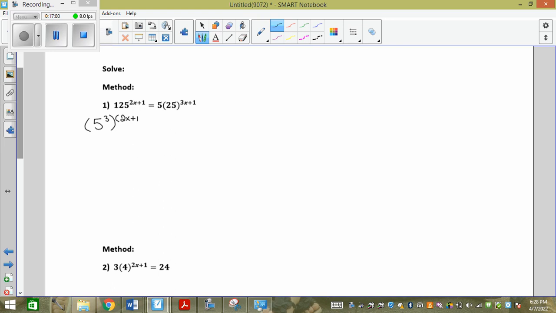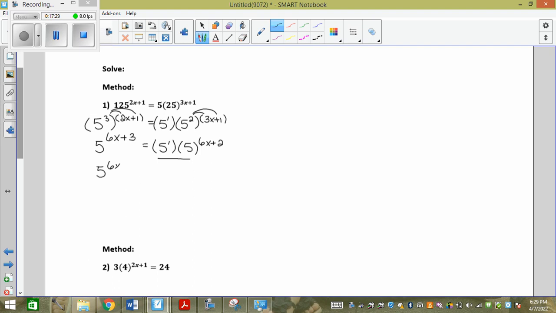2x plus 1 equals 5 to the 1. Make sure you put it to the 1 or you're going to forget to add that 1. And then 25 is 5 squared to the 3x plus 1. So I'm going to get 5 to the 6x plus 3, don't forget to distribute, equals 5 to the 1 times 5 to the 6x plus 2. Now I can't drop the 5's off until I have 5 to an exponent equals 5 to an exponent, so I need to put these together first.